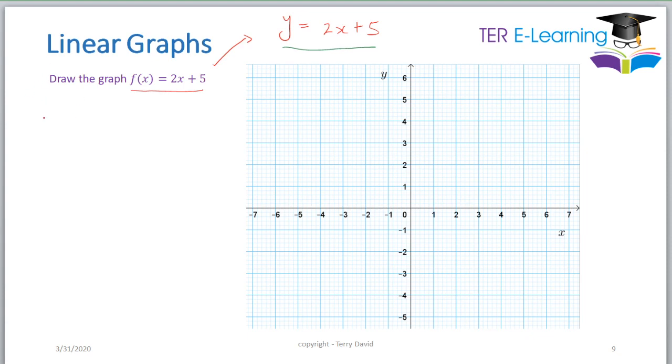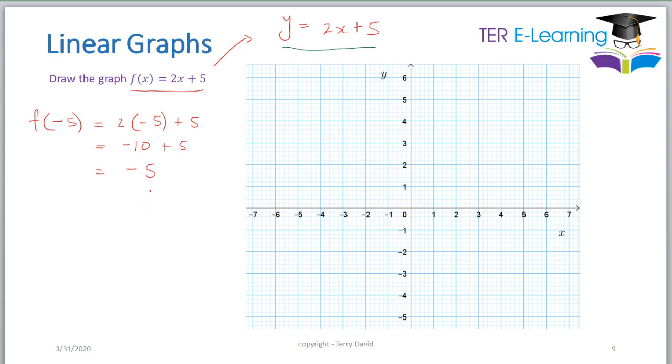Let's find f of, let's say, minus 5. All right, you can choose any value you want. So let's choose f of minus 5. So this will be 2 multiplied by minus 5 plus 5, which is equal to minus 10 plus 5, which is equal to minus 5, right? Now, here's what you need to do.